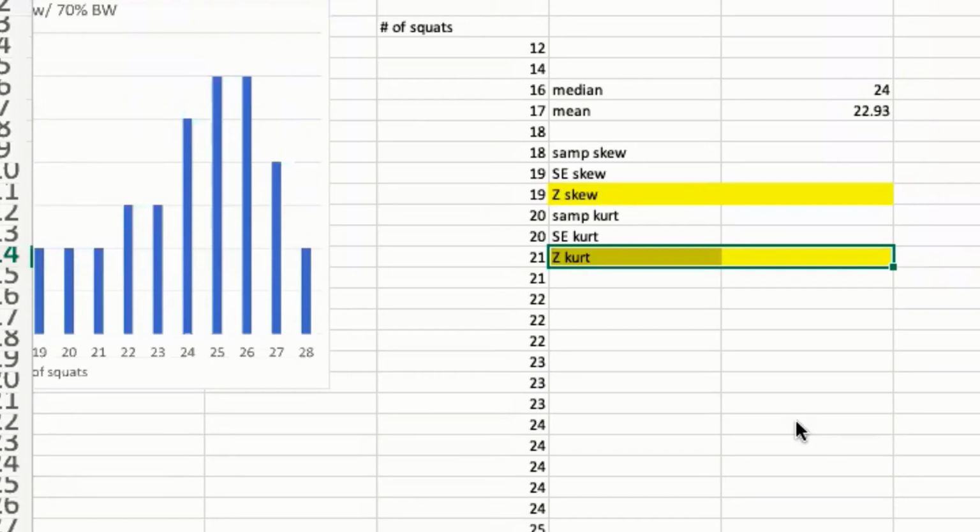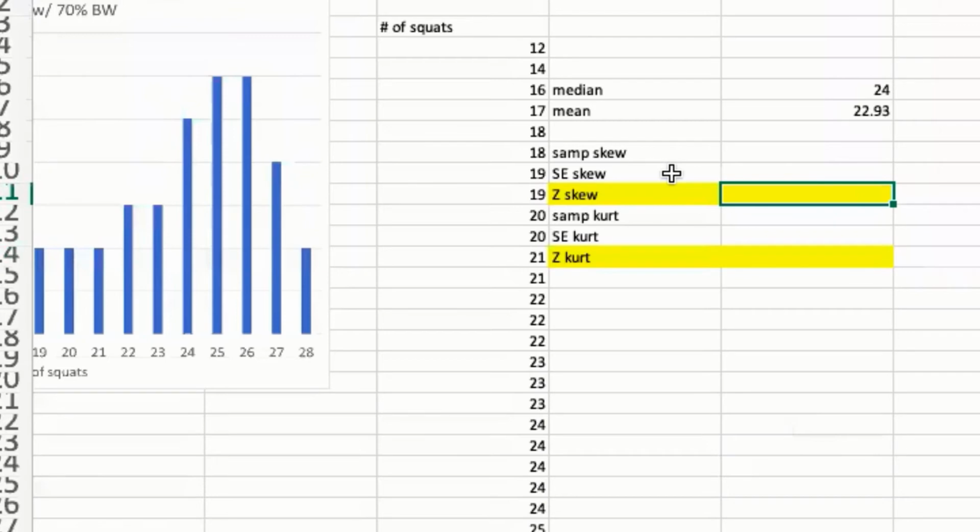If you don't remember the equations, just remember, Z skew is sample skew divided by standard error of skew, and Z curt is sample curt divided by standard error of curt. You can still copy and paste your output table into Excel and insert a row to do your calculations, whatever works, but don't forget that step if you're using SPSS.